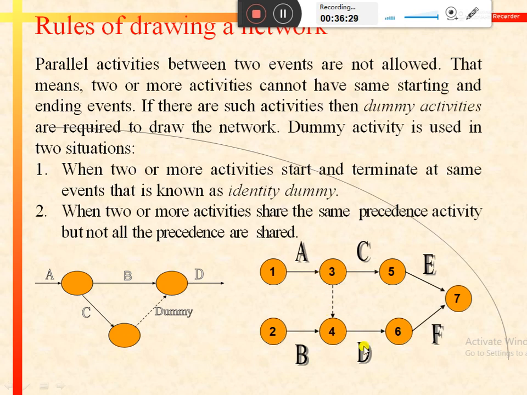That shows that activity D has two predecessors: one is activity B and another one is activity A. In this way we can complete our network for a particular project. So these were some basic rules that should be kept in mind while drawing a network to manage a particular project in an efficient manner.